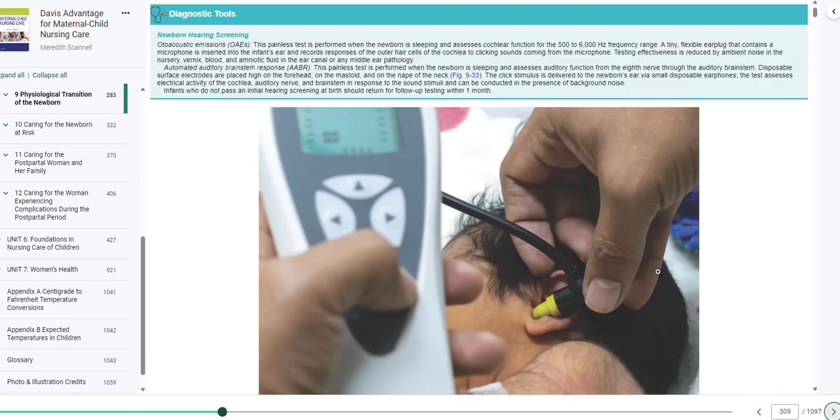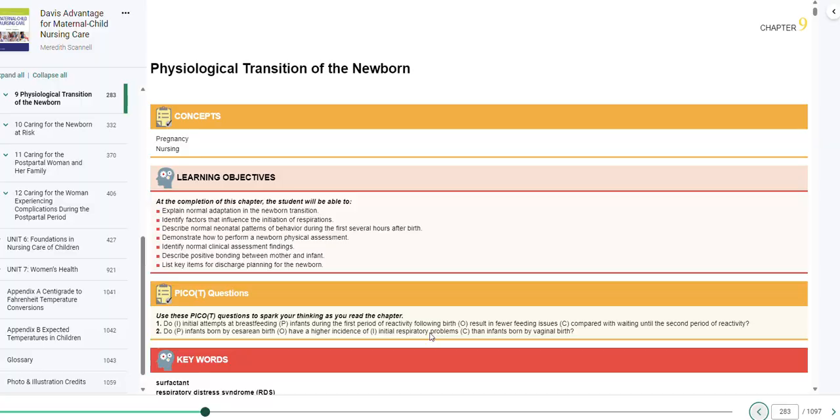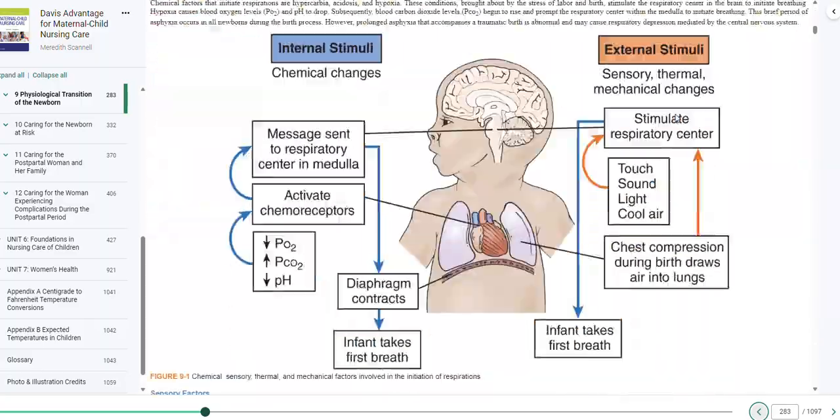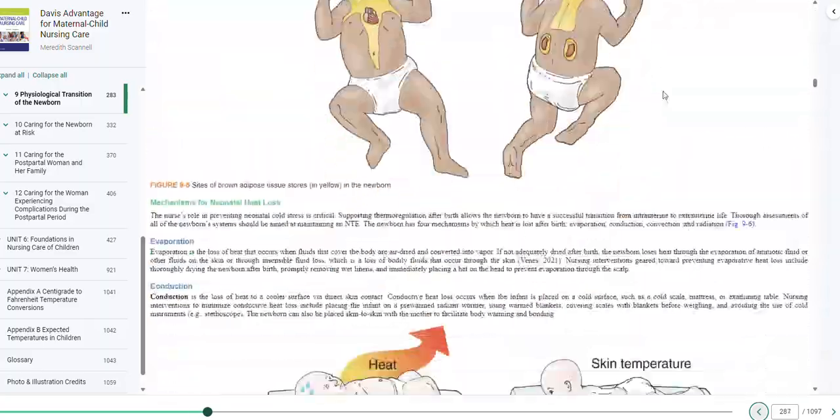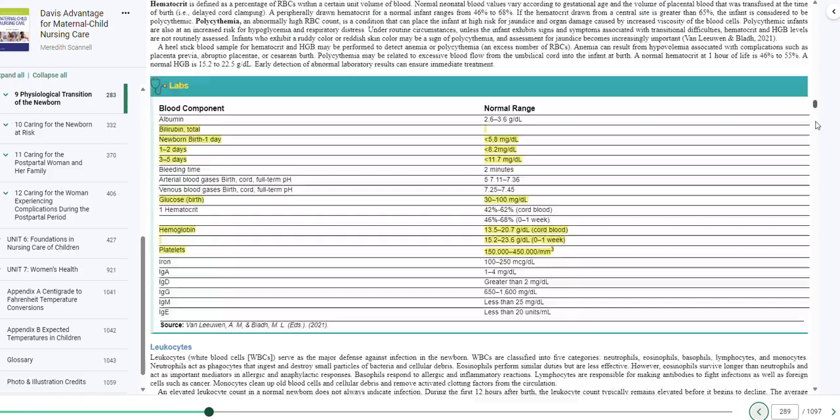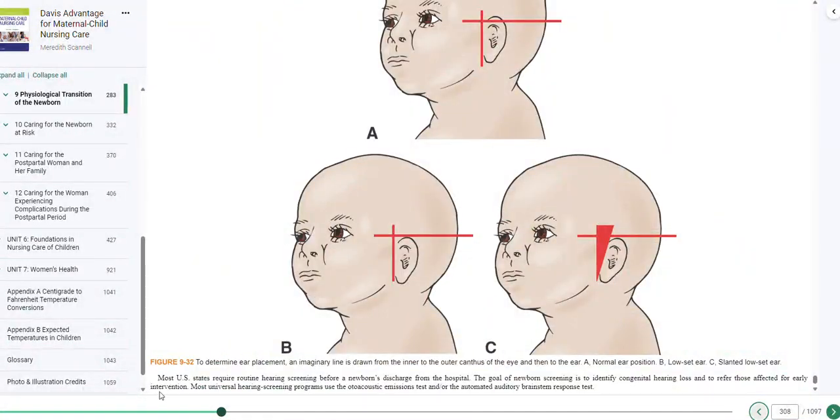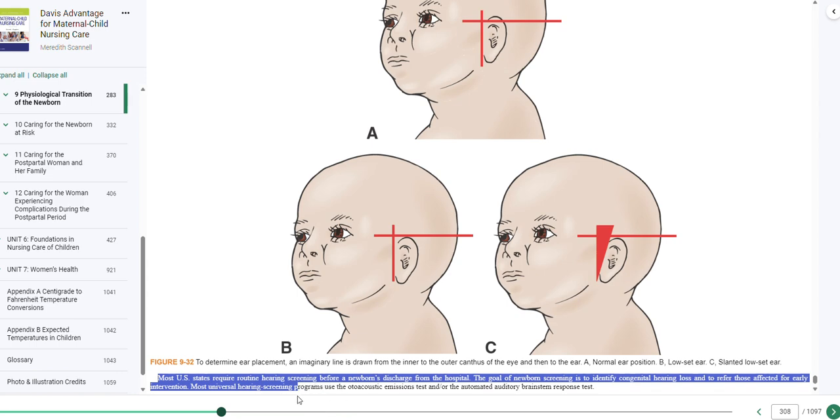Newborn hearing screenings are done routinely. In the United States, you're always going to have a baby that's got a hearing screening before they actually go home. This is a wink and a lollipop.